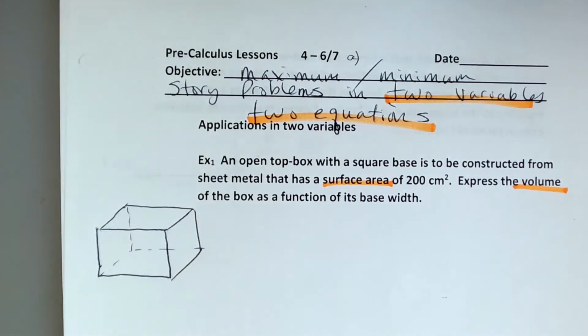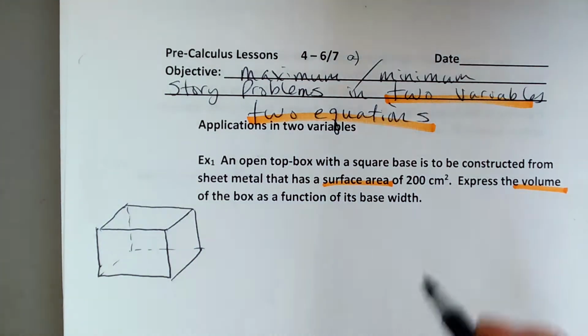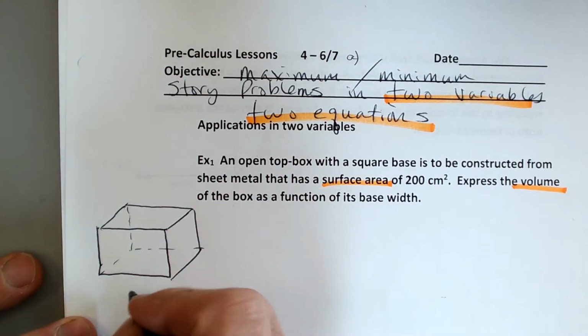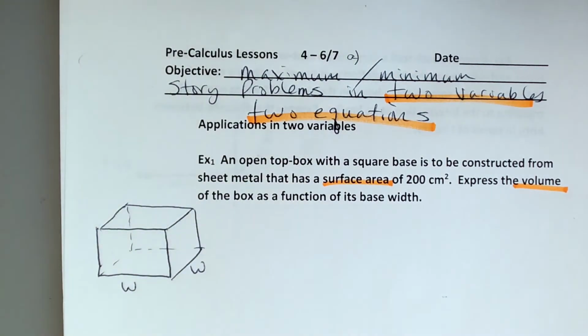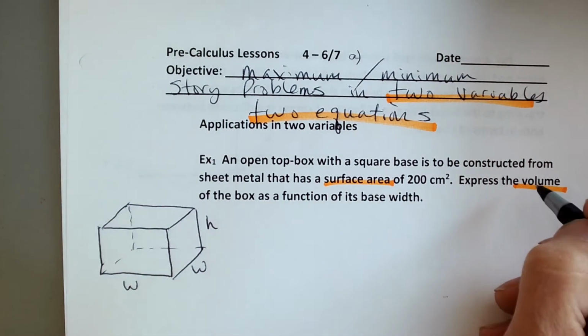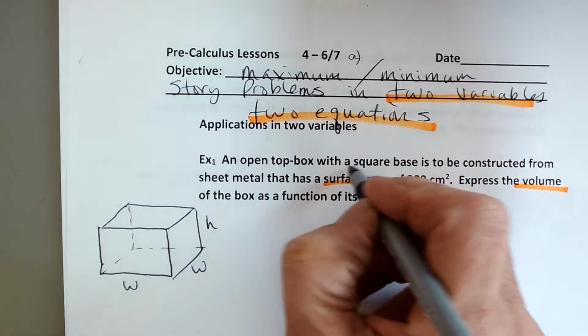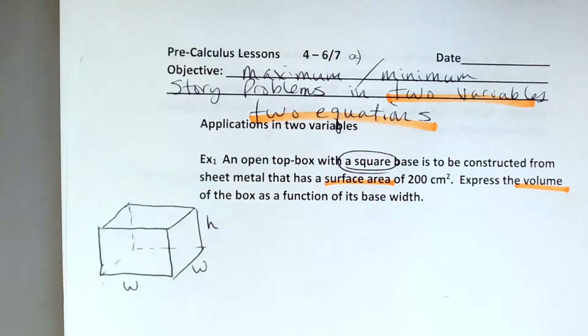No top. Now, if it's a square base, we'd have W by W for width, okay? You guys okay with width? And then we have a height. W by W because it's a square base. Okay? So W by W, okay?